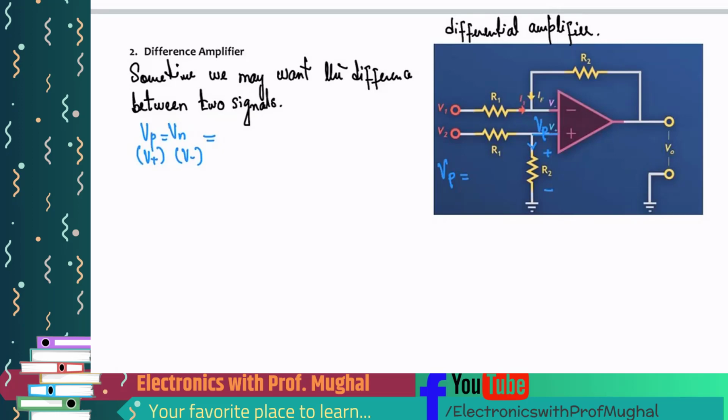VP times R2 over R1 plus R2. Sorry, that's V2, the total input signal coming in. V2 times R2 divided by R1 plus R2. Okay, that's good. Perfect. That's a good start.